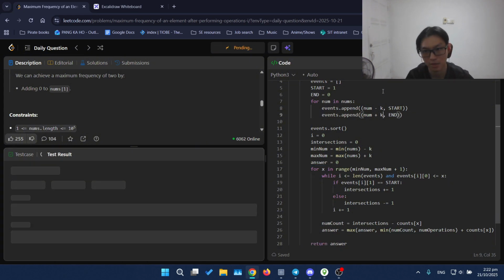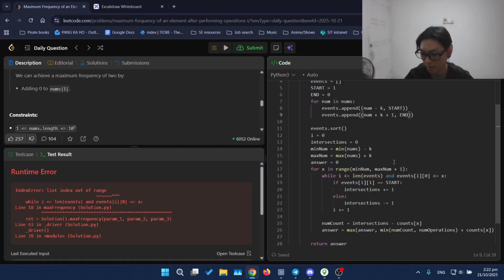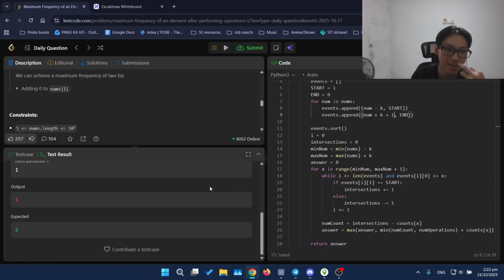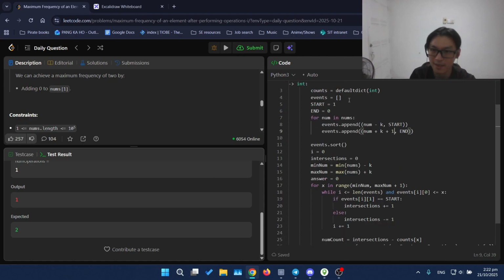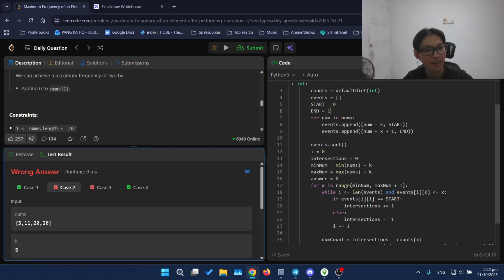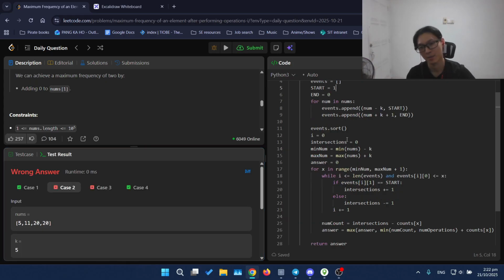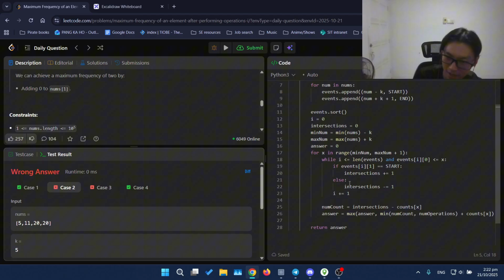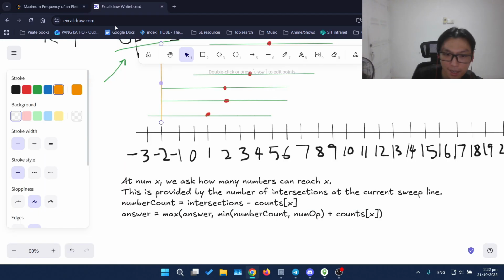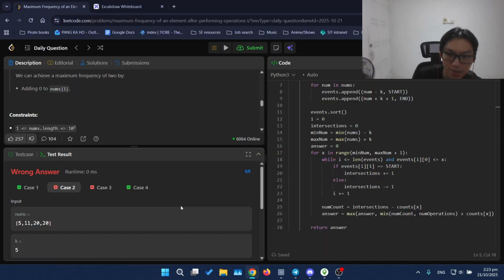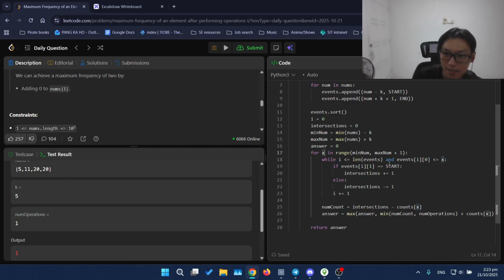I hope that's not the bug. Okay, fine. That's not the bug. Is this the bug? Nope. Okay, that means we have to go into deep debugging mode now. I feel like the logic is correct. X is a start. Let's see.